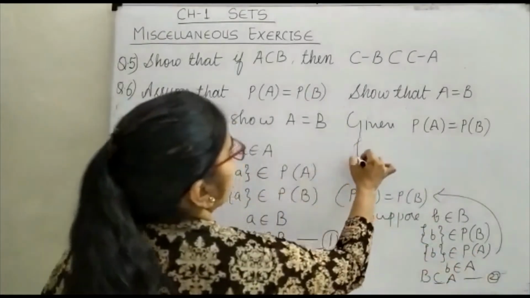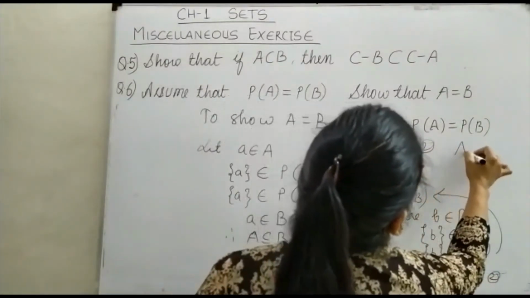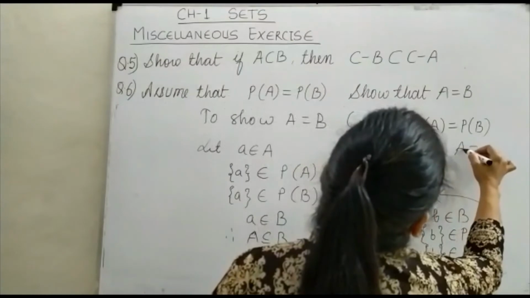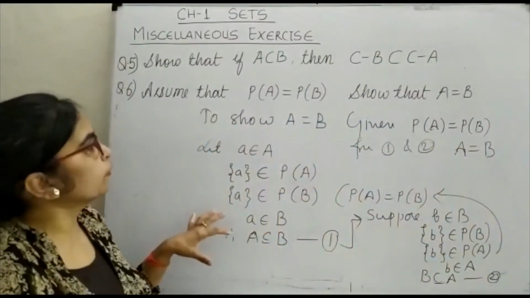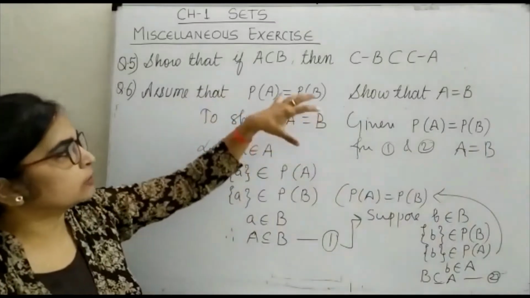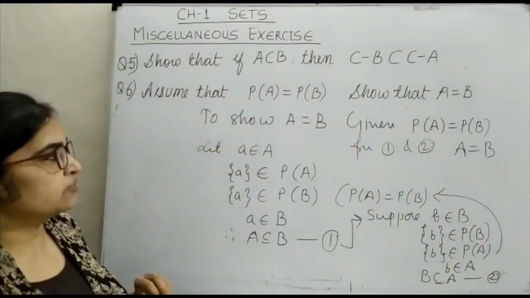So from 1 and 2, A is equal to B. So this is how we have proved that if the power set of A is equal to the power set of B, then A and B are equal sets.